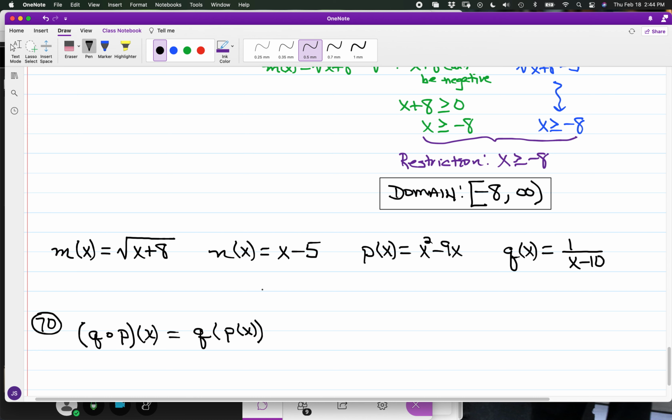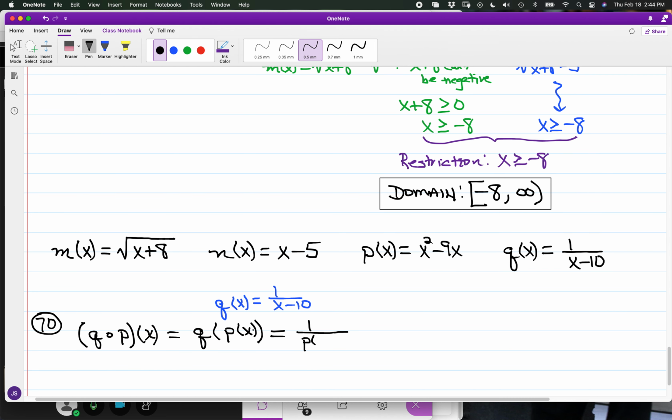So your output function is now going to be Q. And in terms of how to operate with Q, the input is going to be equal to 1 over the input minus 10. So we're going to have 1 over P of X minus 10.